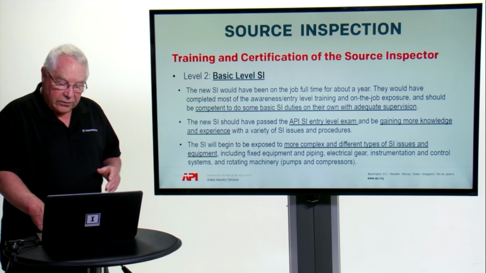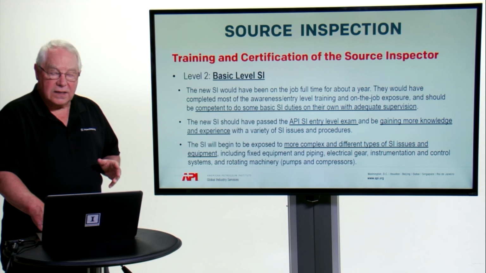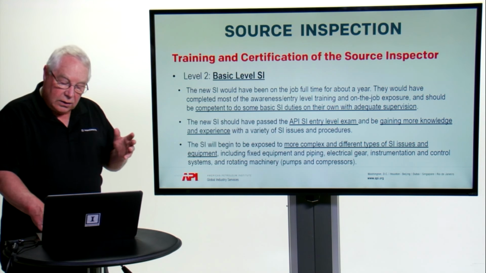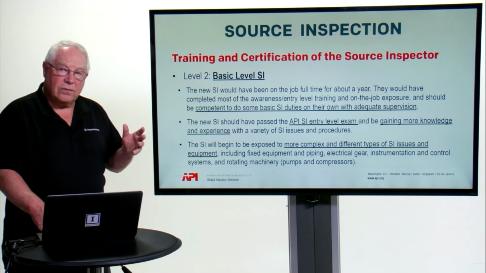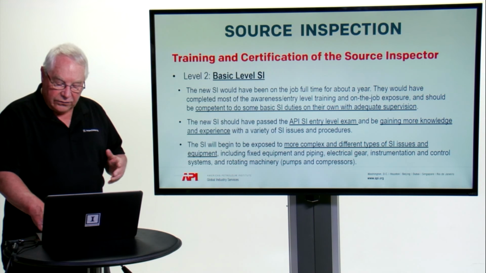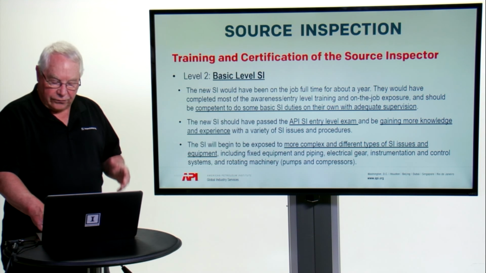The source inspector at this level will begin to be exposed to more complex and different types of source inspection issues, including not only fixed equipment like piping and pressure vessels, but also the potential for being a source inspector for electrical gear, instrumentation and control systems, and rotating machinery like pumps and compressors.